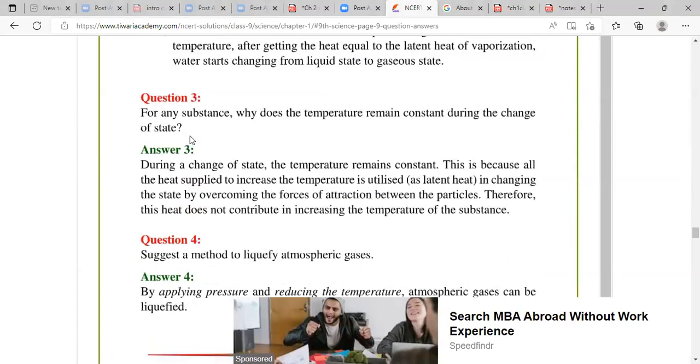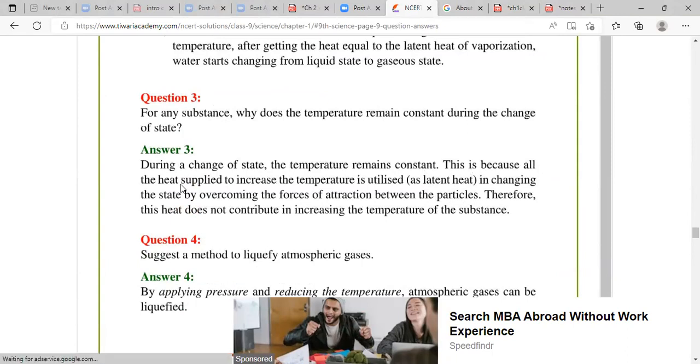You already know this, it is due to latent heat, right? For example, if you are converting ice into liquid, the temperature will remain constant. So why, ma'am? Because of latent heat. During the change of state, the temperature remains constant.